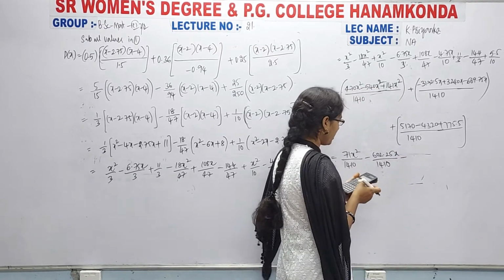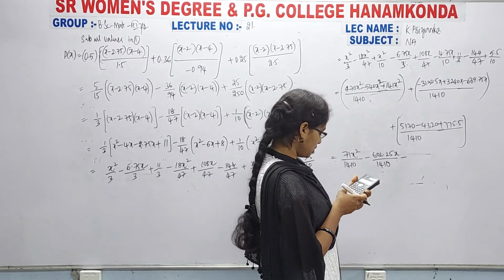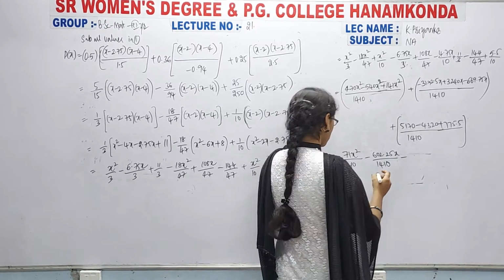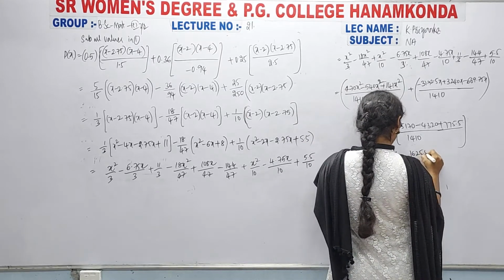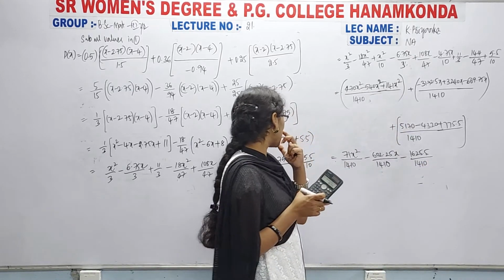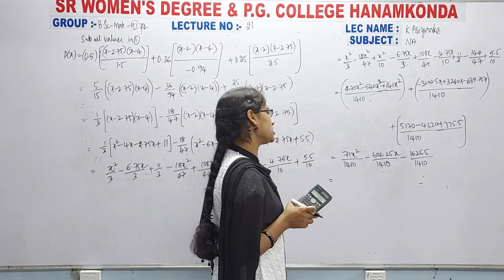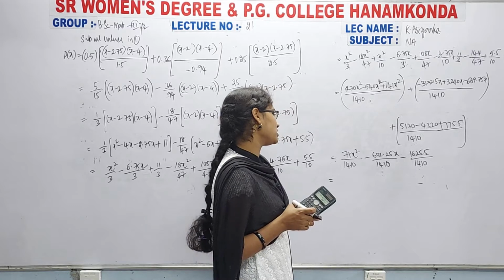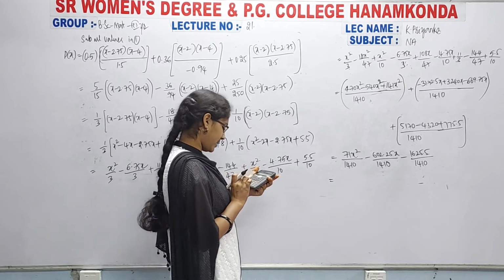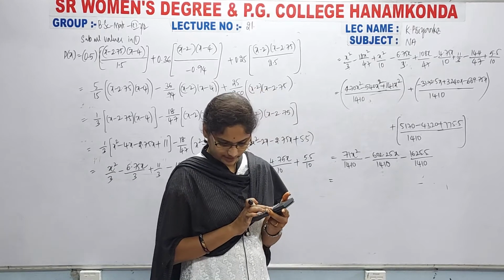The next, 5170 minus 4320 plus 775.5, so 1625.5 by 1410. Okay, so now it is nothing but 71, and I am trying with any table. Is it possible? 3 table, 3 2s are 6, so 6 means 11, not possible. So 71 divided by 1410, 0.05.